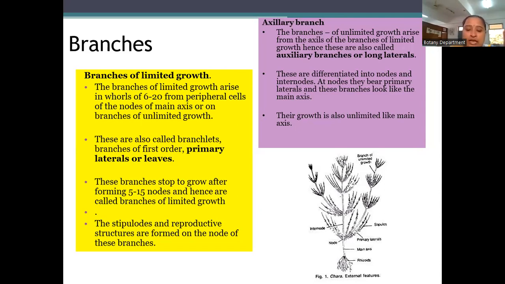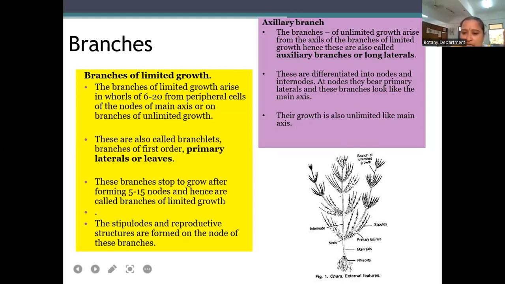They are also referred to as leaves, primary laterals, or branches of the first order.